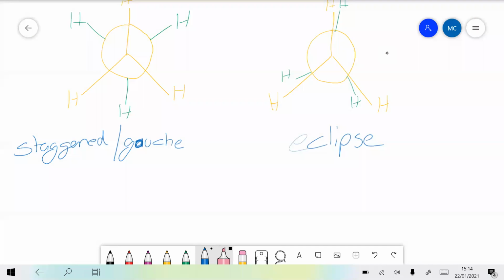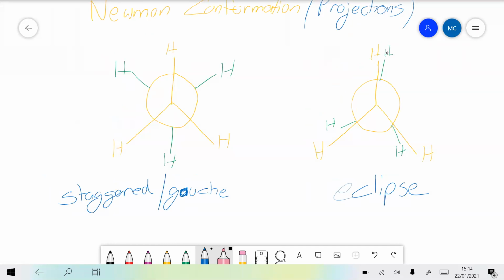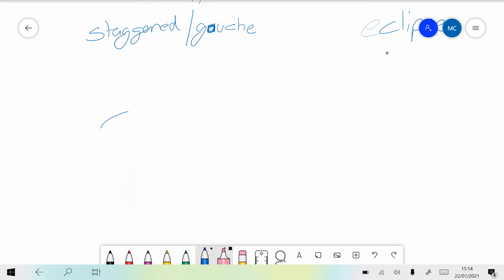Now, we've drawn Newman projections for ethane. What happens if we have butane? I'm going to analyze the C2-C3 bond. So I'm going to analyze this bond here, the C2-C3 bond.